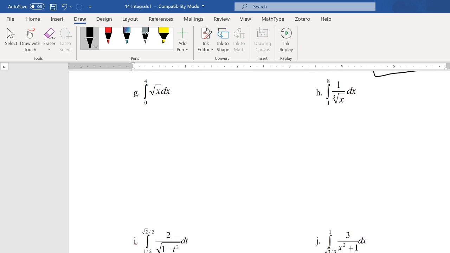So these next two are different because they have radicals. But remember that just like differentiation, we rewrote the radicals as powers.